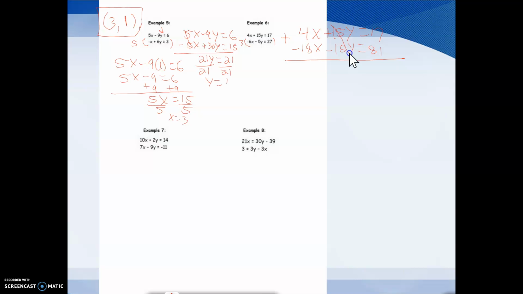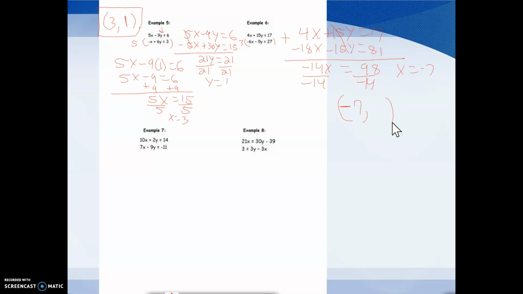Then I'm going to get 4x minus 18x is going to give me a negative 14x equals 81 and 17 will give me 98. Now, divide, and x is going to equal what? Negative 7. Okay. So part of my ordered pair here is going to be negative 7, the x value.